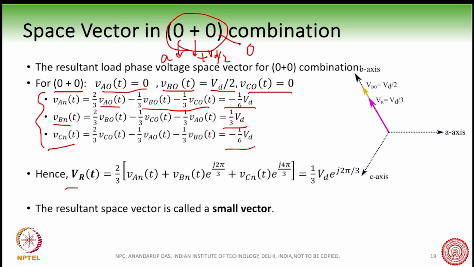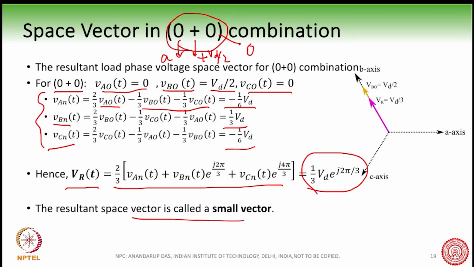If you put this into the formula of V_ref, you find that this is equal to 1/3 Vd at an angle of 2 pi by 3. So the resultant space vector is called a small vector. We'll see what is a small vector, a large vector, and a medium vector. This is the resultant here, Vd by 3.